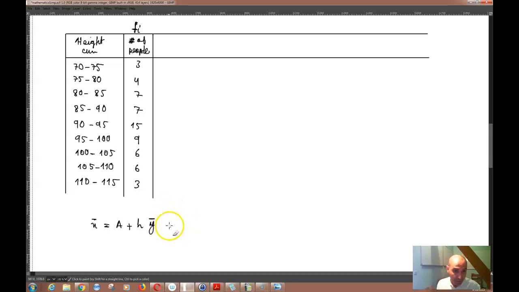So what we need to do is find our y of i. In order to find y of i, first I need to find my x of i.